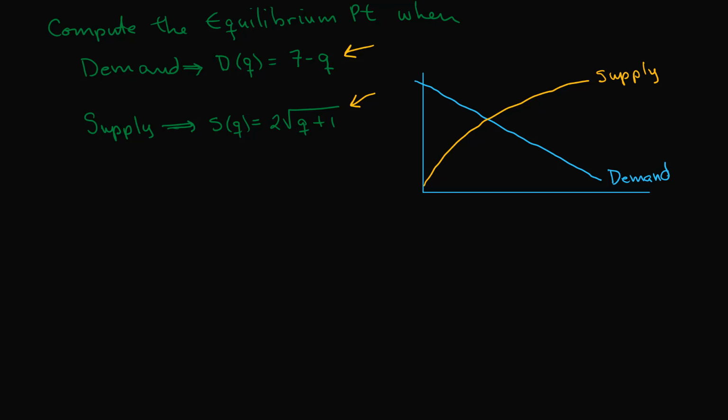A real fair question. You're going to be asked this on quizzes and tests and all over the place because in the real world, you've got to know where this point is. This is an important point. Compute the equilibrium point. Remember, the equilibrium point occurs where demand and supply intersect.